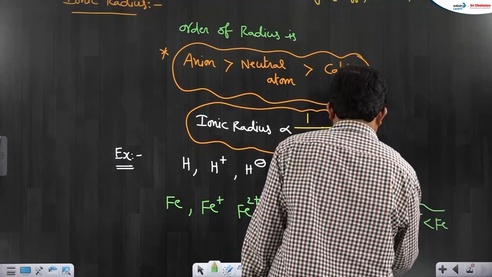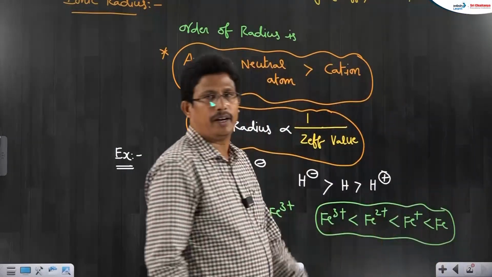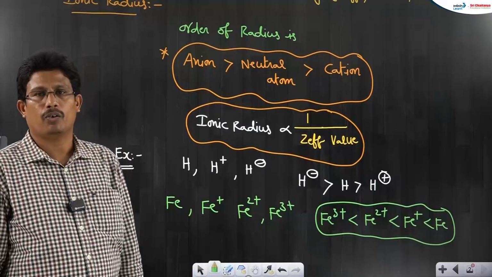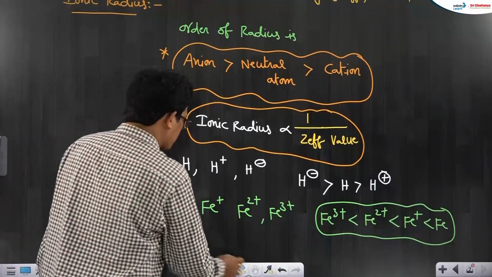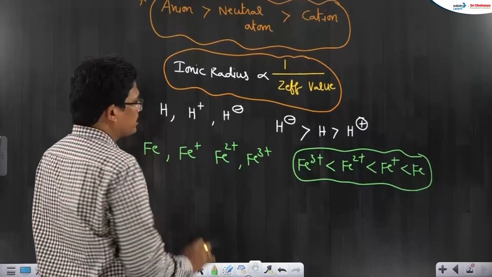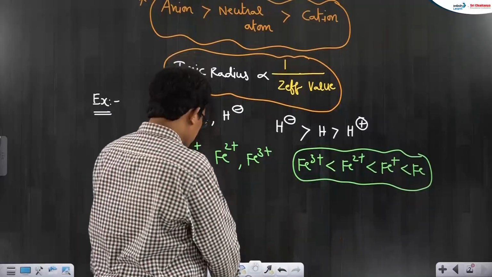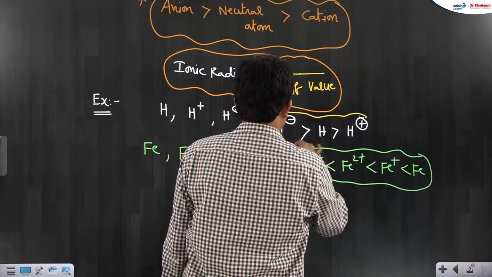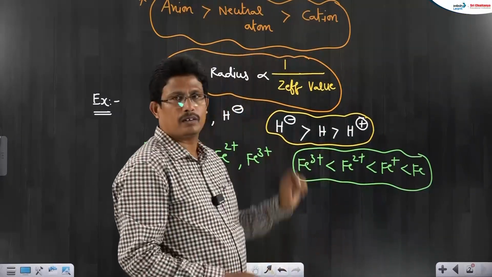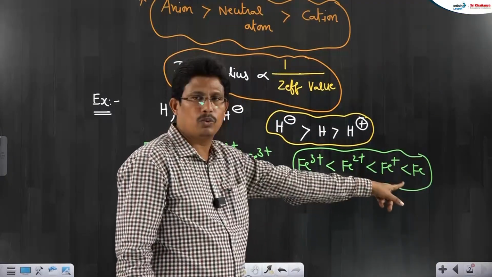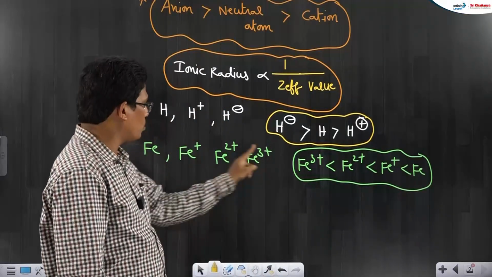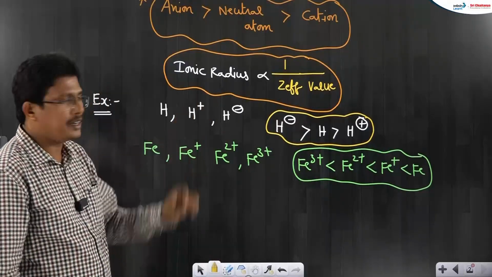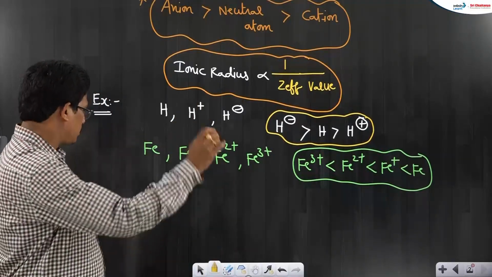This is the increasing order of radii, and the reverse is the decreasing order, from higher to lower. As the magnitude of positive charge on an ion increases, ionic radii decreases.